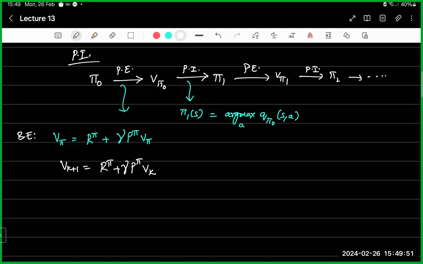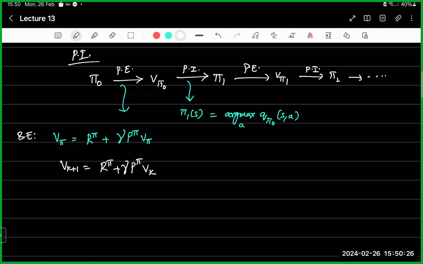There were three conditions, right? It should be a complete metric space. What was the definition? If you take any convergent sequence in your vector space, the limit of that sequence should also be present in the same space. Then you call it a complete metric space.